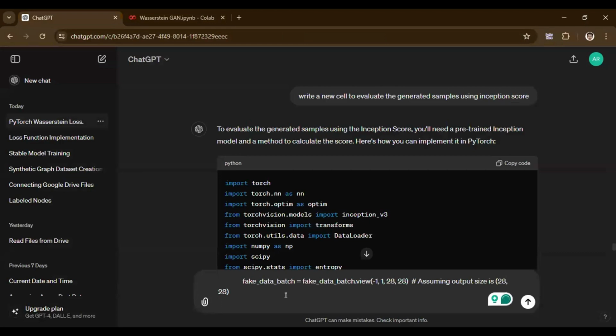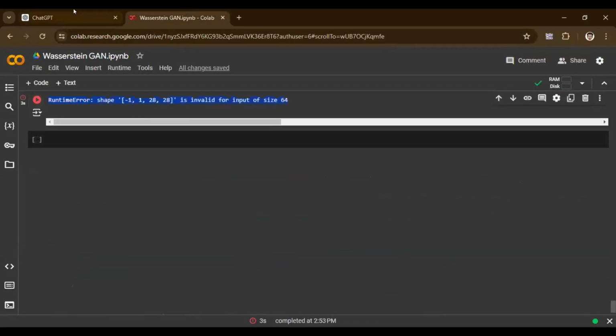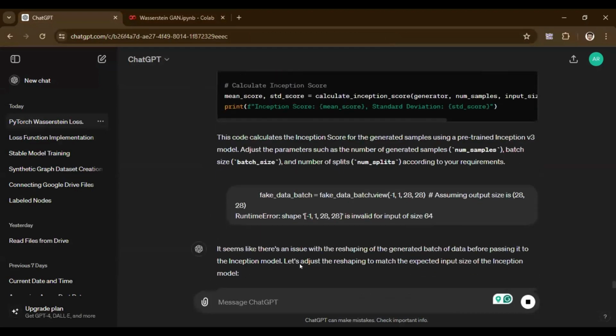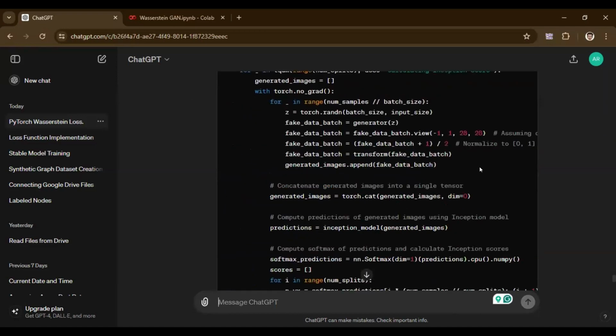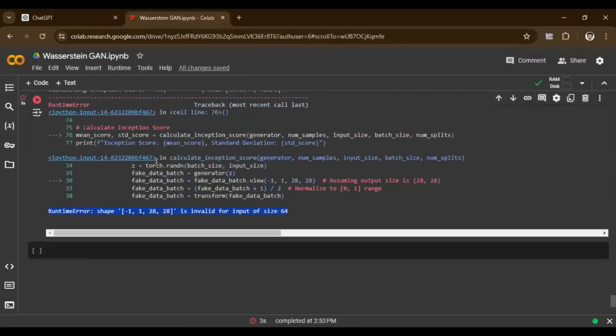Let's see if we can give ChatGPT some context of this error, and paste this one also. It seems like the problem is the reshaping of the generated batch data before passing it into the inception model. Let's try adjusting the shape.